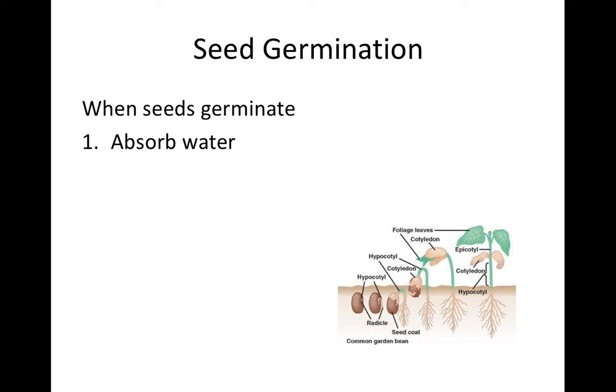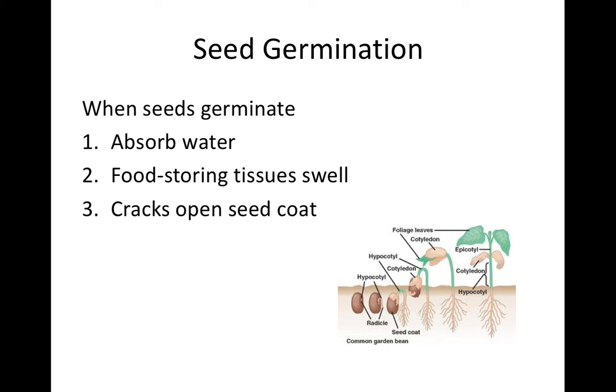Absorption of water happens first, and then the endosperm inside of the seed, because of all that water, makes its way through the seed coat and causes the endosperm, those food-storing tissues, to swell up. When they swell up, they cause the seed coat to crack open. That seed coat is meant to be a tough, durable layer, and it will only crack open when there's enough water to allow the endosperm to swell up.